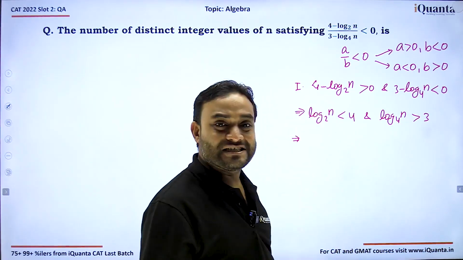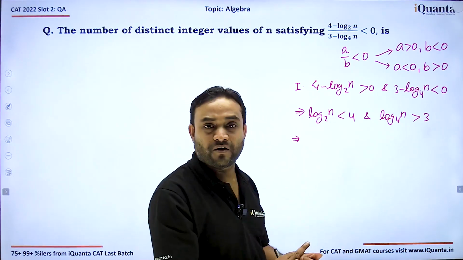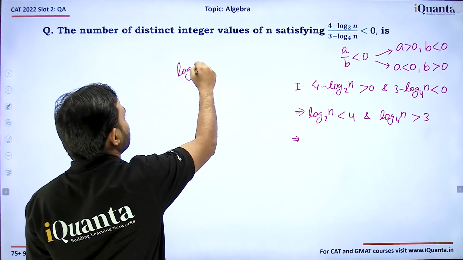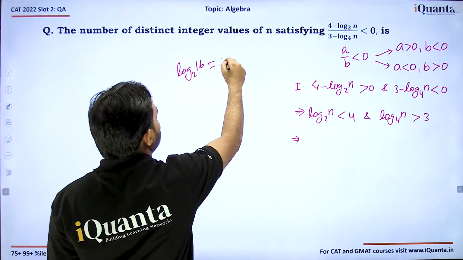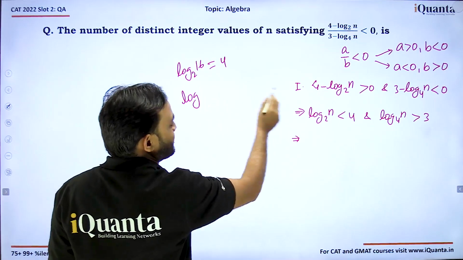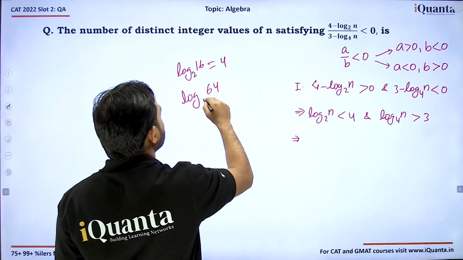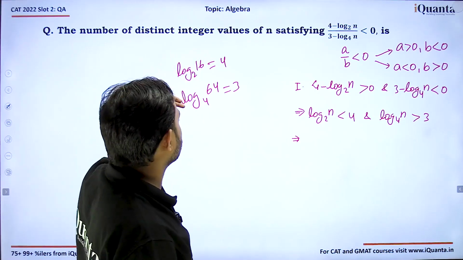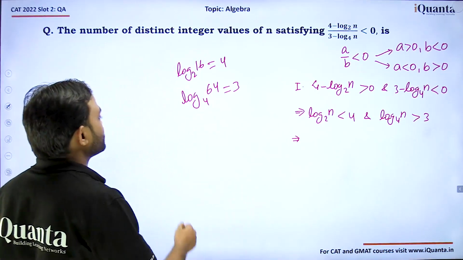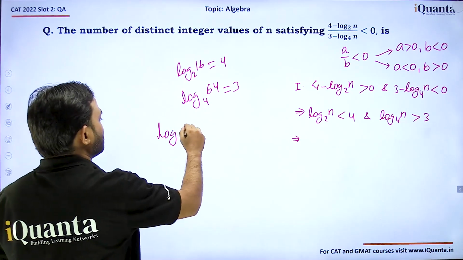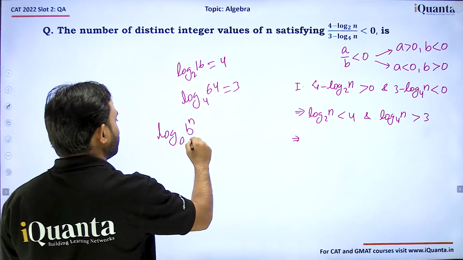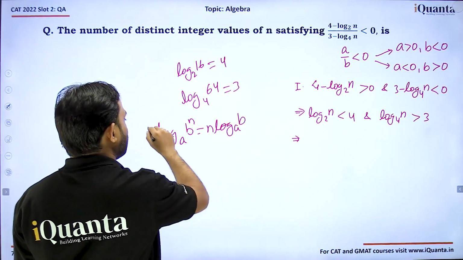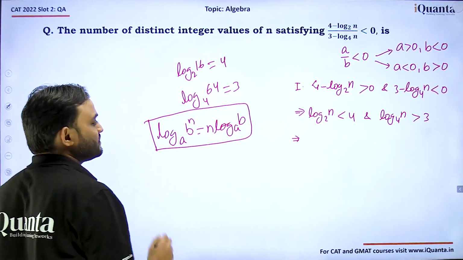If we take n is equal to 16, which is 2 to the power 4, then log 16 base 2 is exactly 4, and in the next one log 64 base 4 is exactly 3, because 16 is 2 to the power 4, 64 is 4 cube, and we know that log b to the power n to the base a is equal to n log b base a. This is the concept that we are using here.